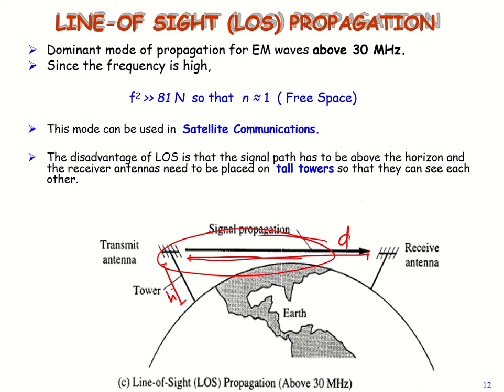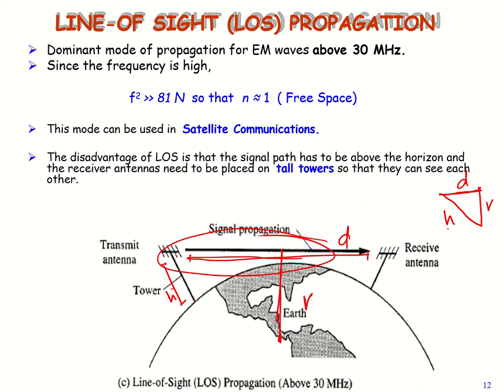We can easily calculate that based on the radius of the earth. We have the radius of the earth here, which is r, and let's say this height is h. This is the radius r, this is the height of the antenna h, and we want to calculate this d.